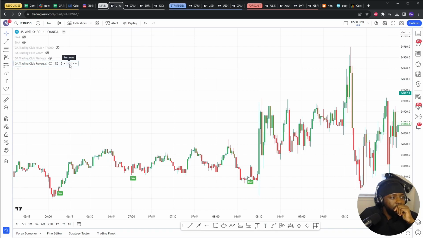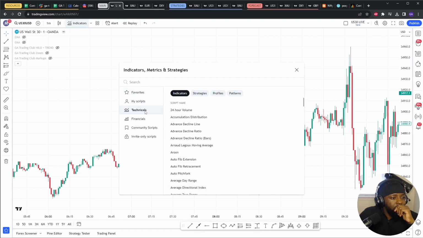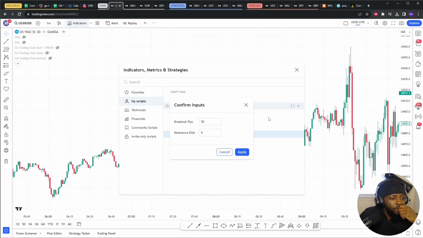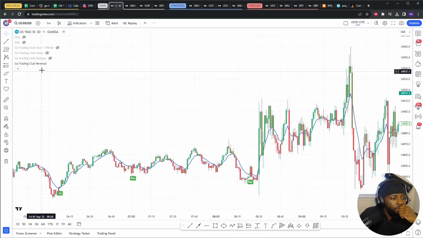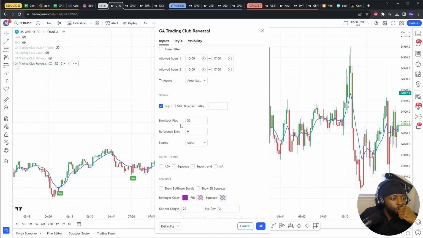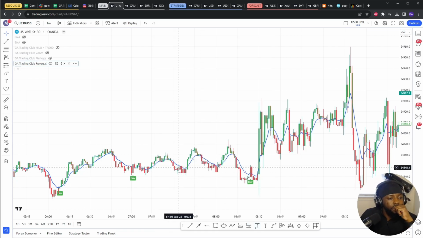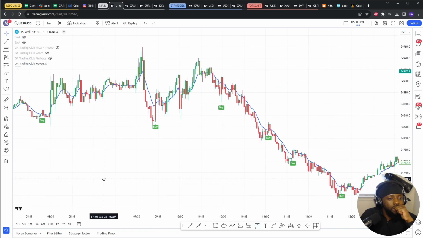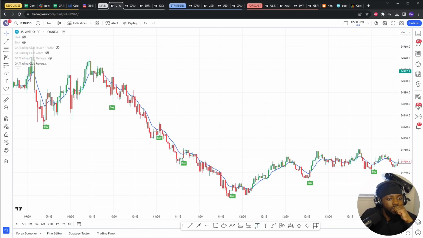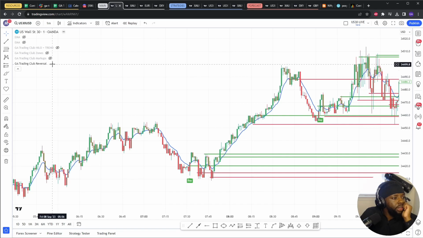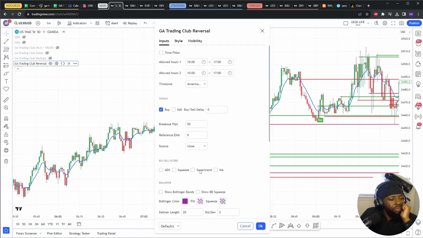Not sure why this indicator is acting up. Let me try and reapply it. Oh, I think I know why it doesn't go back that far.